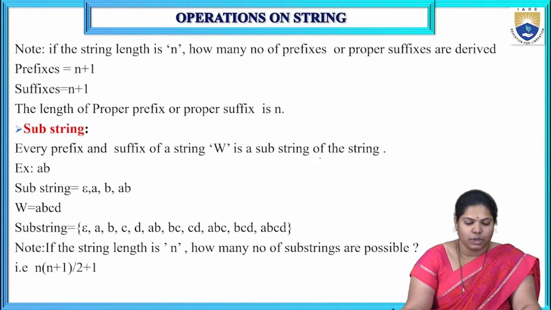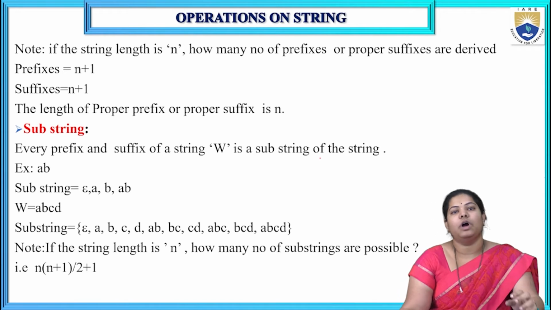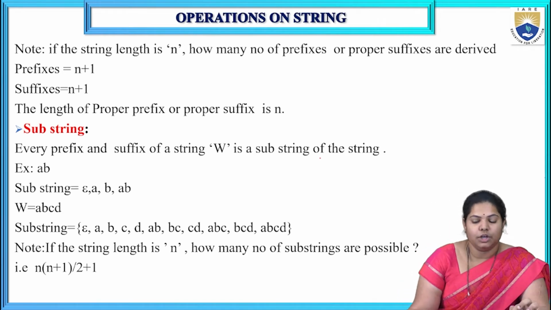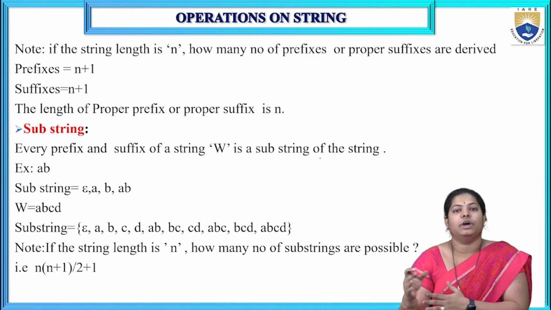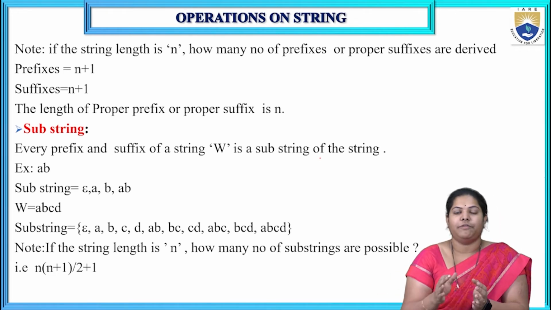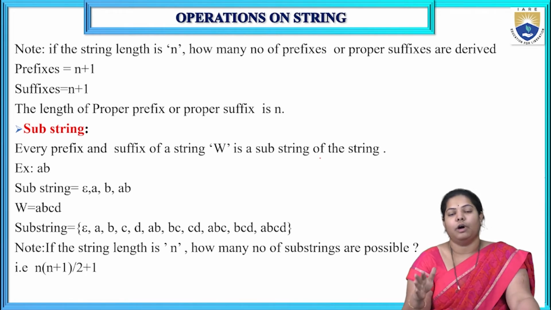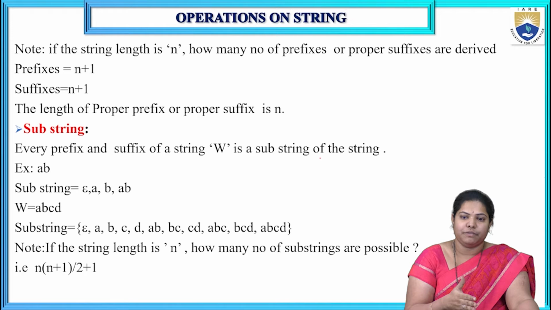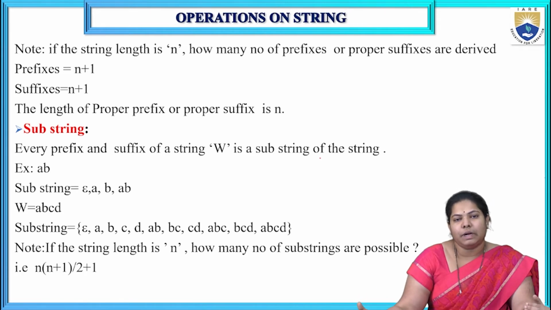Next, here I am going to give a small note. In order to find the prefixes or suffixes, if the string is of finite length, we can count how many prefixes or suffixes can be derived from that string.